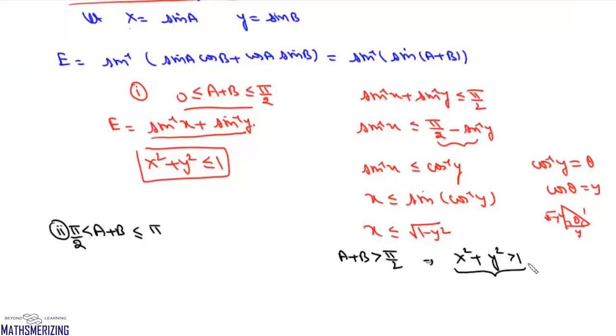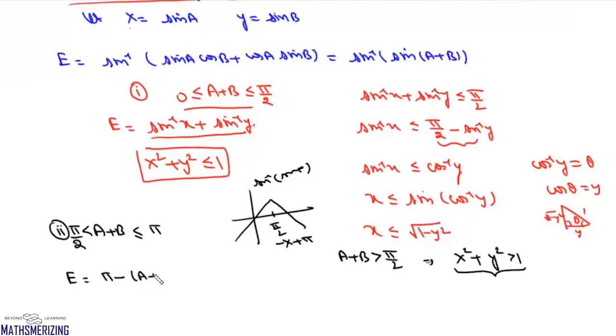Now when a plus b is greater than pi by 2, then if we draw the graph of sine inverse of sine x, in this interval from pi by 2 to pi, this definition is minus x plus pi. So we can write this as pi minus x. X in this case is a plus b.